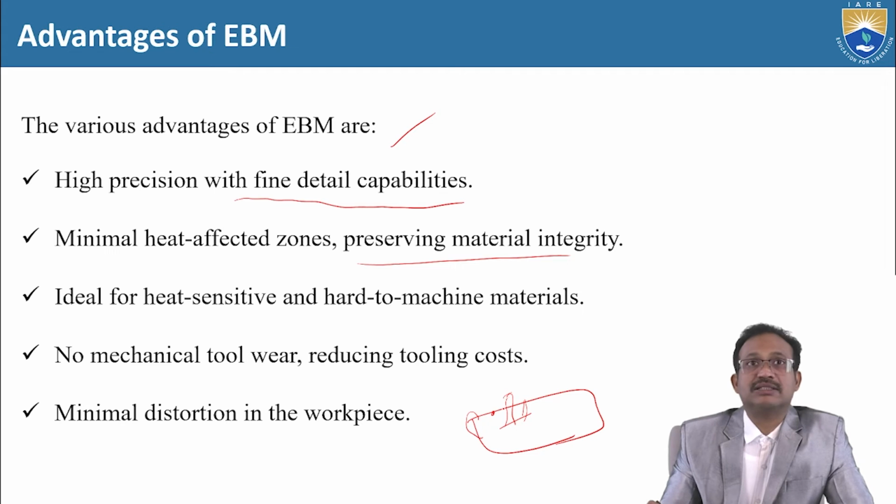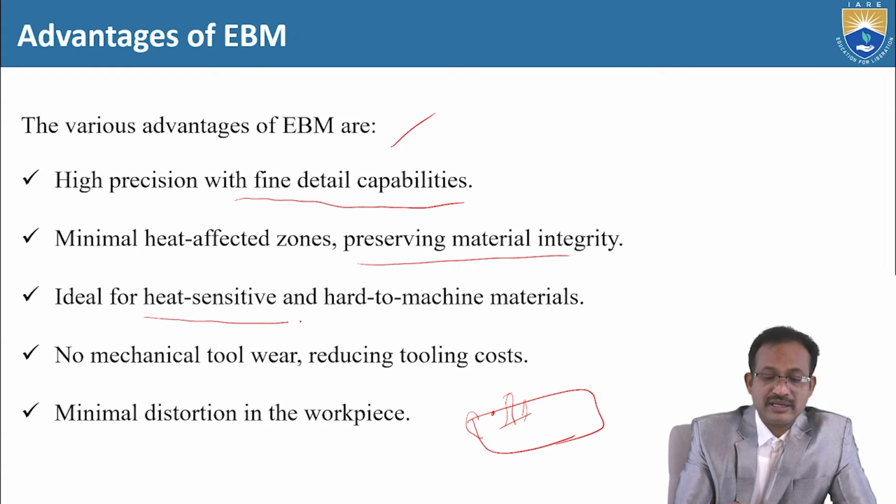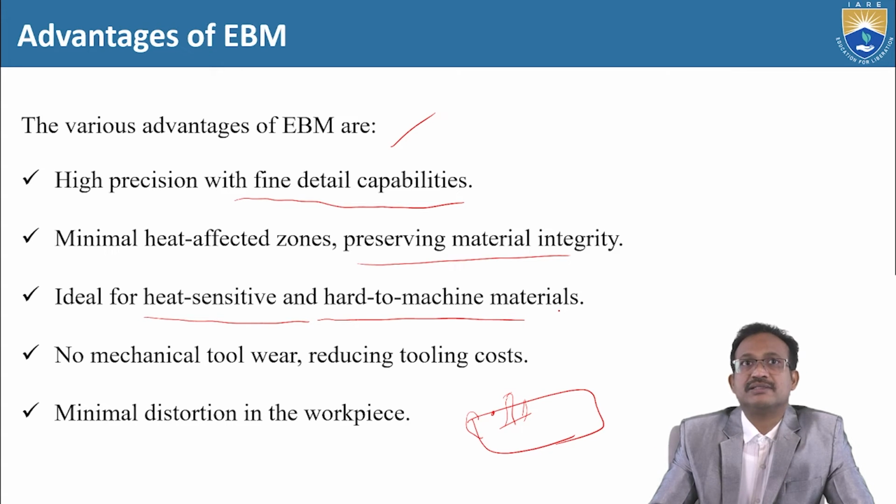Next, third one, ideal for heat sensitive and hard to machine materials. Here the materials may sometimes be hard, and sometimes they may be heat sensitive. In general machinery, we can make the features, but at the same time the heat effect may damage the workpiece.